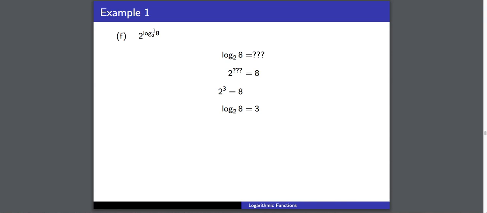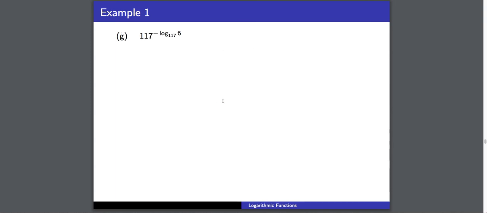So if we substitute that 3 in for our original problem, instead of having log base 2 of 8, we now have 2 to the third power, which is 8. And again, this is one of the properties we looked at in the last video, where if our base is being raised to a logarithm with the same base, assuming that what we're taking the logarithm of is positive, that will be our answer. But again, this is an example of how that comes about.